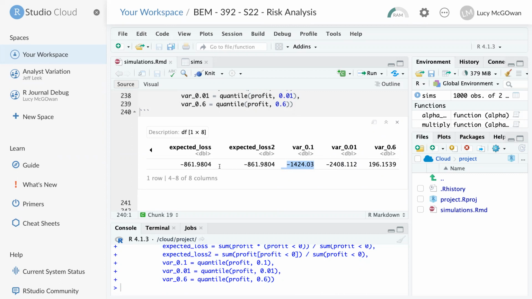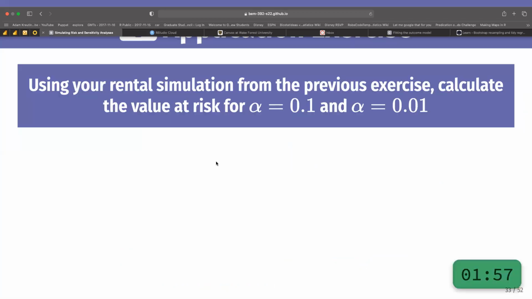Losing $2,400 in one year or one month might not be so detrimental if you know that you would on average make a lot more in the long run. Does that make sense? Yeah, it's a good question.